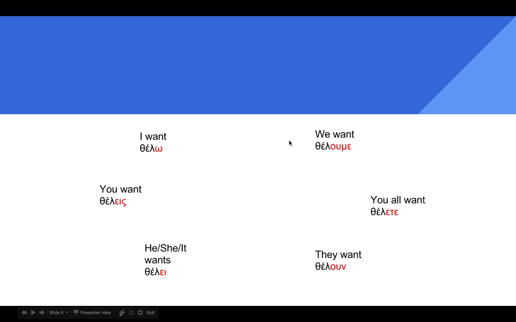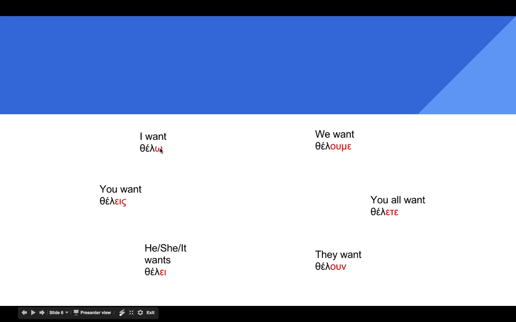So here are the different endings for the verb I want. However, this is just one pattern. So you've got o, ume, is, ete, i, un. There are several different patterns, and that's what conjugations are.